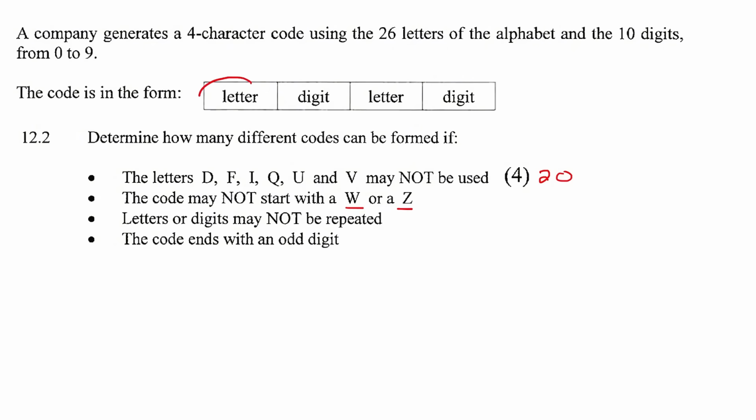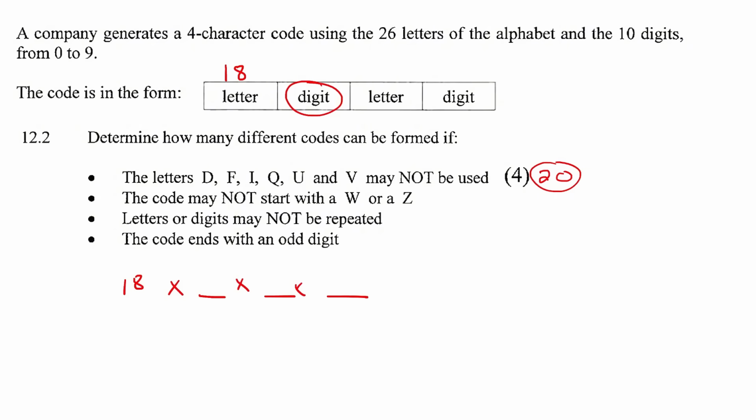Okay, so then how many options do we have for this first one? Well, out of the 26 letters of the alphabet, you're not allowed to use those 6, so we only have 20 options available, but the code is also not allowed to start with a W or a Z. So we actually only have 18 letters available for that first one. Now, for the digits, I'm going to ignore the first digit and go all the way to this last digit.